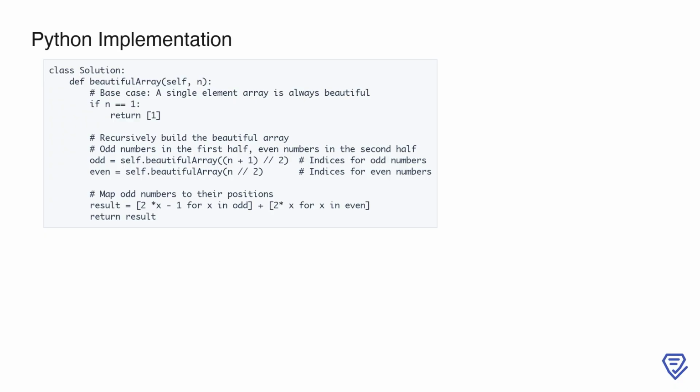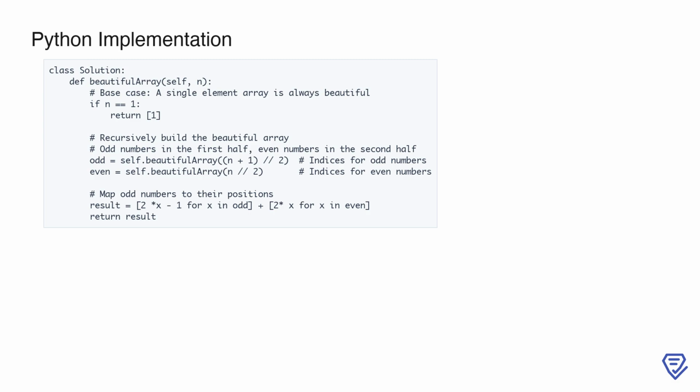The odd and even halves are then mapped to their respective values by the formulas 2*x - 1 for odd indices and 2*x for even indices. These formulas ensure that the resulting array satisfies the beautiful array property, as they guarantee that the arithmetic mean condition cannot be met. Finally, the odd and even arrays are concatenated to form the overall result.